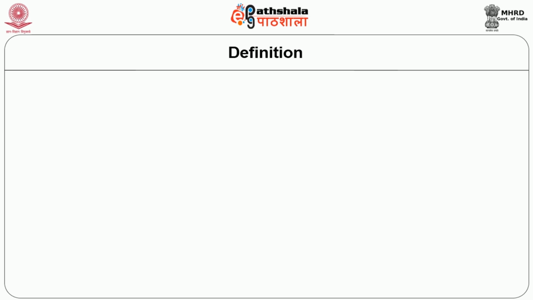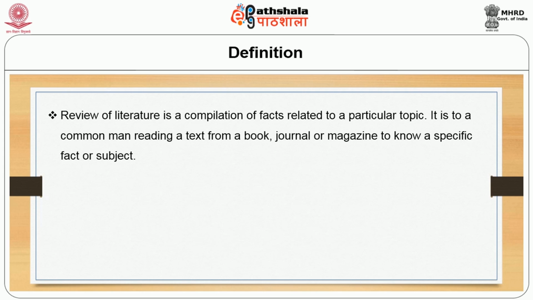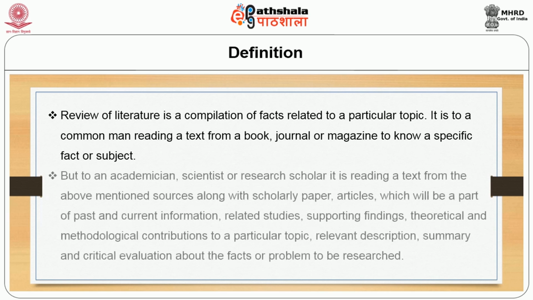Now we shall see the definition of review of literature. Review of literature is a compilation of facts related to a particular topic. To a common man, it is reading a text from a book, journal or magazine to know about a specific fact or subject.